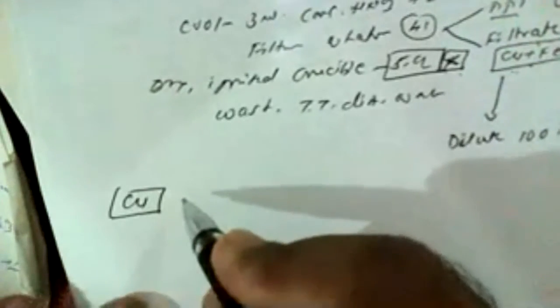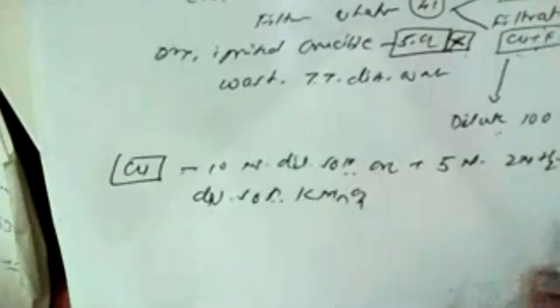To determine the content of copper, first we take 10 ml of this diluted solution of ore. To this we add 5 ml of 2 normal sulfuric acid, a stable reagent, and then a very dilute solution of potassium permanganate, which is purple in color, till the solution turns faint pink.